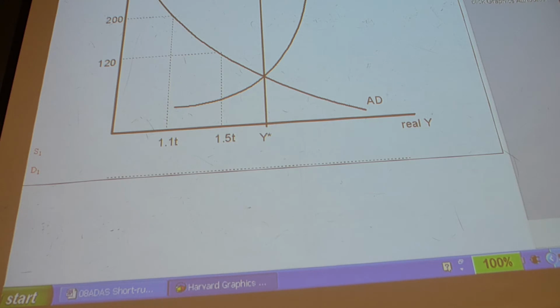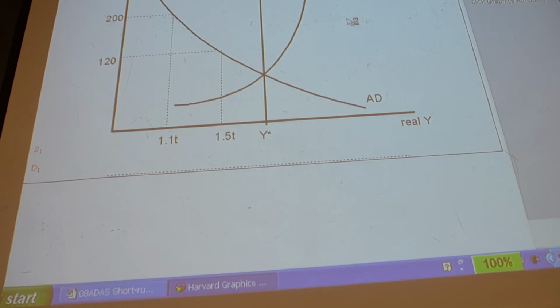Strictly speaking, it should be fairly flat down here and start becoming steeper and steeper, and then like this. Here's your clue. Short run aggregate supply is determined essentially for the same reasons that the supply function is positively sloped in micro.